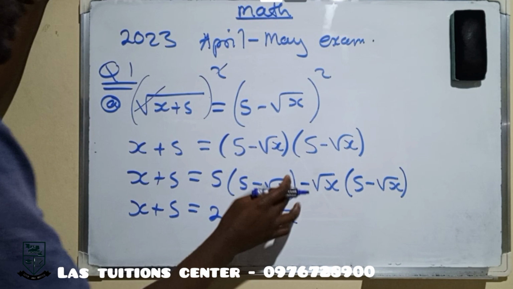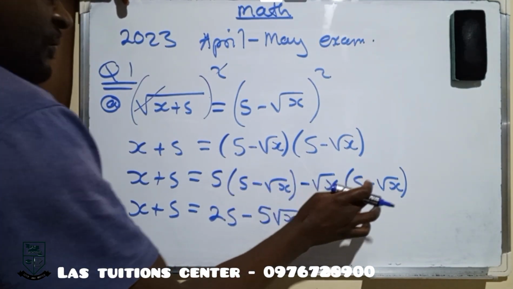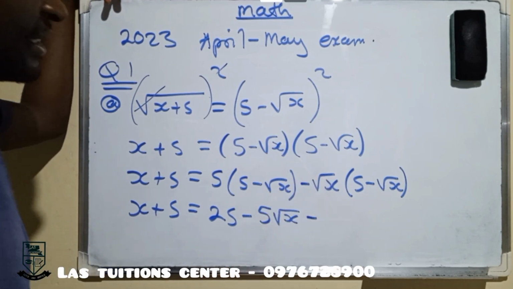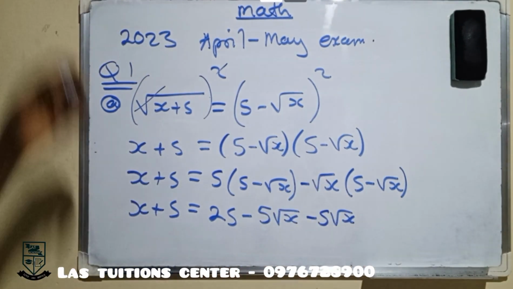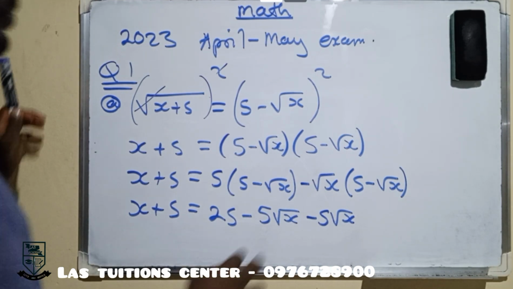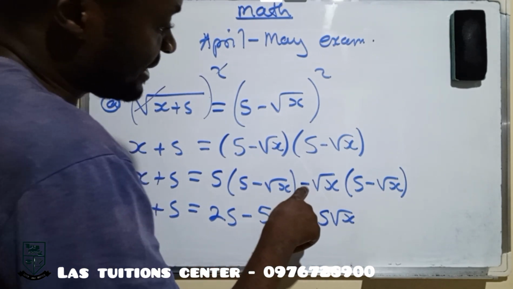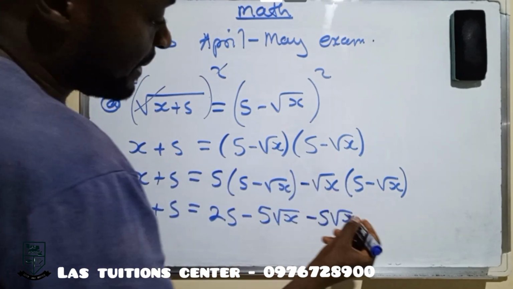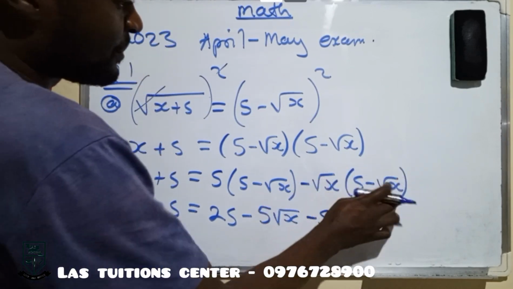Yeah, so we are done with this part. Then we come to the other part. 5 times this, we get the same 5 root x, like that. Then we have negative times negative, so we're going to get plus. So we have root x times root x.